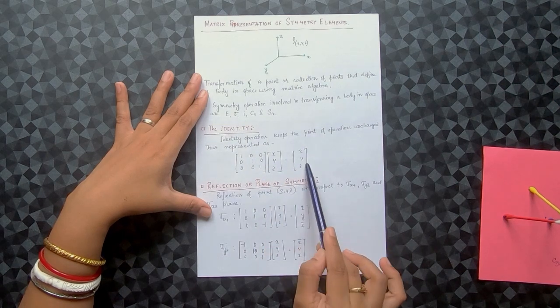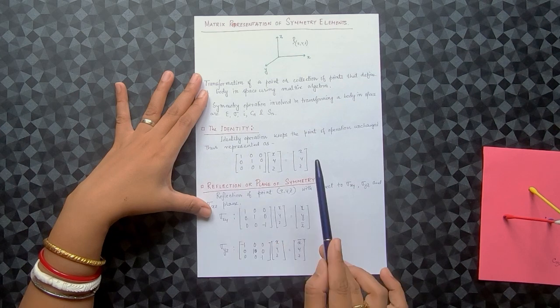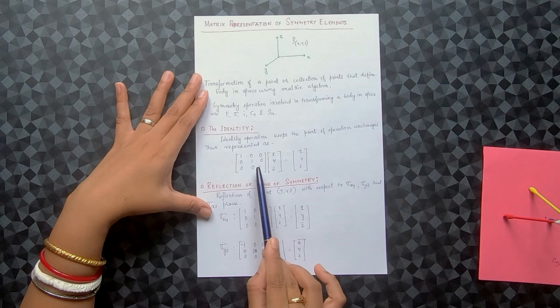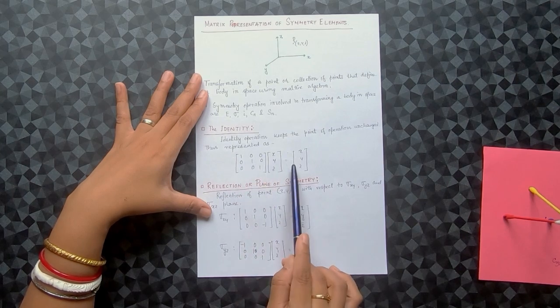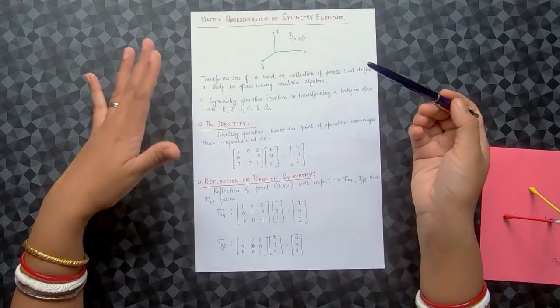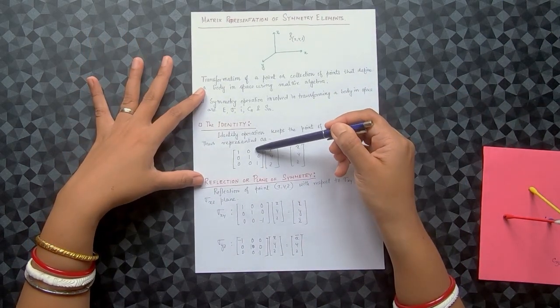To get the same value, we need a unit matrix. So this is 1 0 0, 0 1 0 and 0 0 1, which gives the same set of coordinates. This is the matrix representation of the identity element.